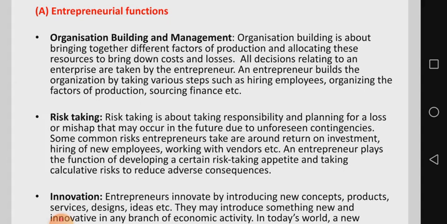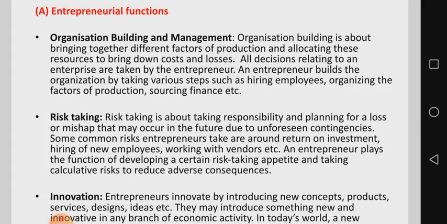For that purpose, you need to take calculated risks, or you need to take proactive actions. You have to consider those situations beforehand: what if this happens with your company or your business, then what are you going to do? How will you manage the situation?